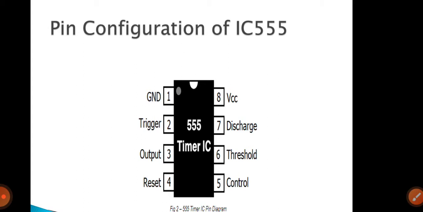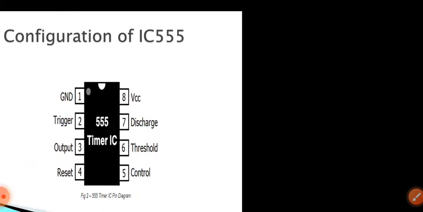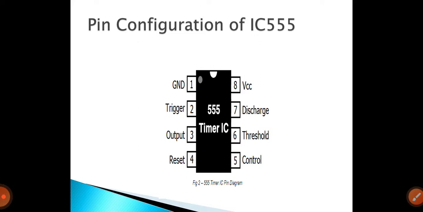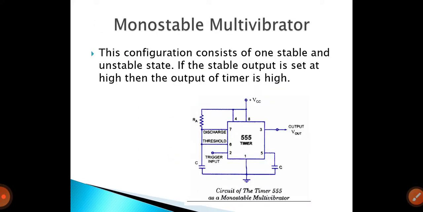Next we are going to study the monostable multivibrator. This is one of the applications of the IC 555 timer also. Mono means one, single. Stable means constant.